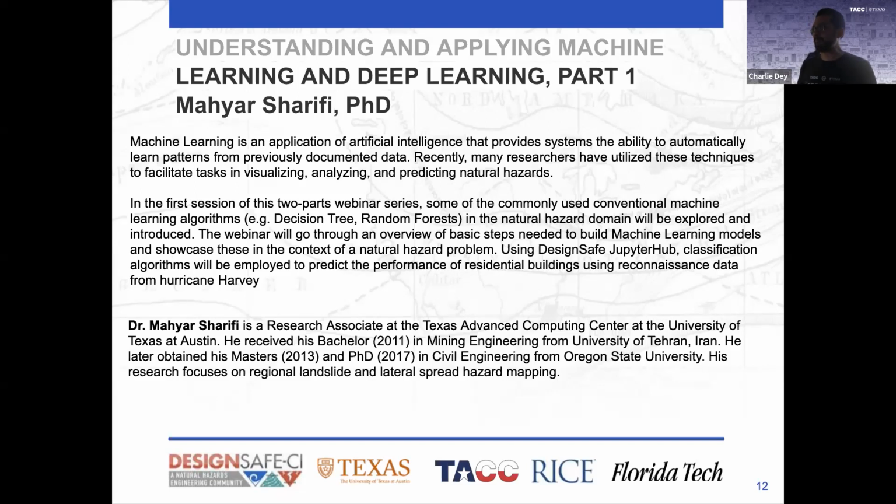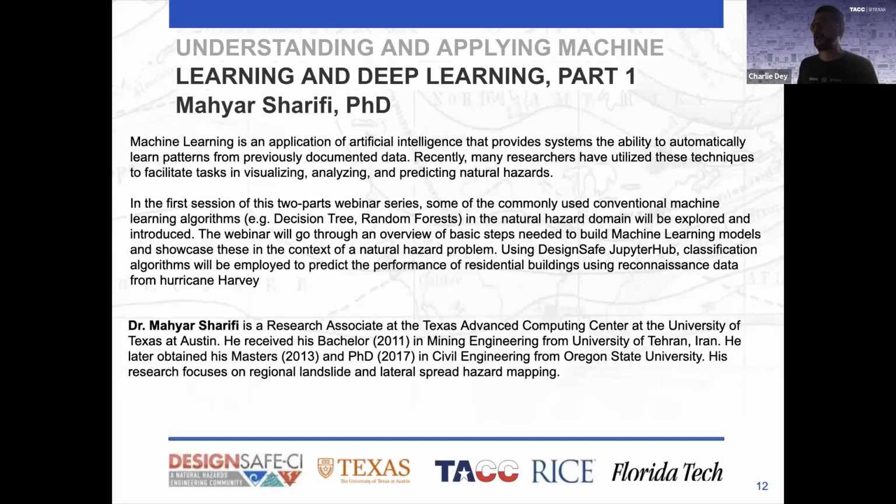Recently, many researchers have utilized these techniques to facilitate tasks in visualizing, analyzing, and predicting natural hazards. So what we're trying to do is get your data, learn from your data, and then be able to predict future natural hazards.